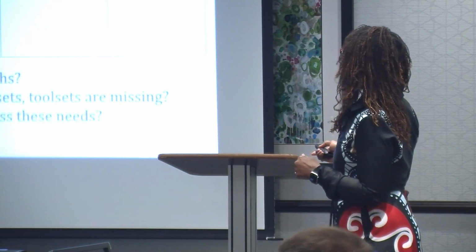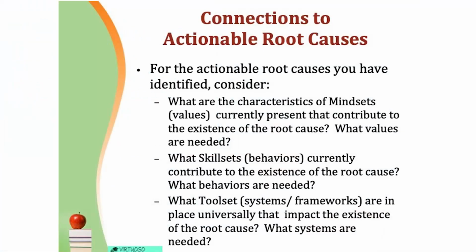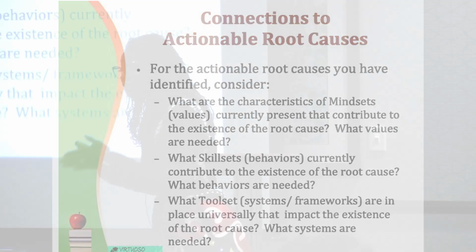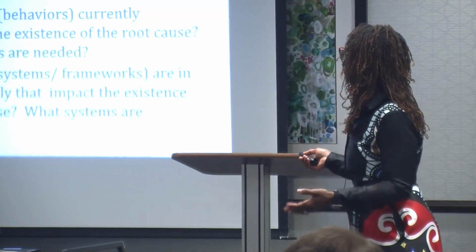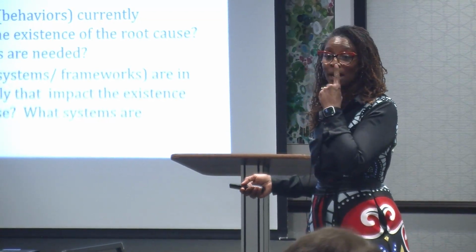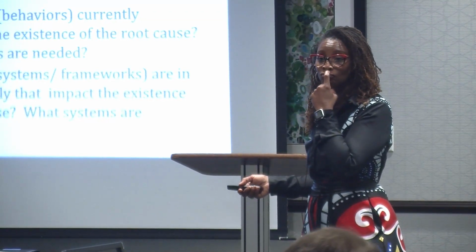Then think about the question that's back here. What behaviors are needed that they're not doing? With all those tools that you have in place, what are people not doing with those tools? When you know what they're missing related to those tools, you'll be able to identify a little better what skill sets they might be missing.